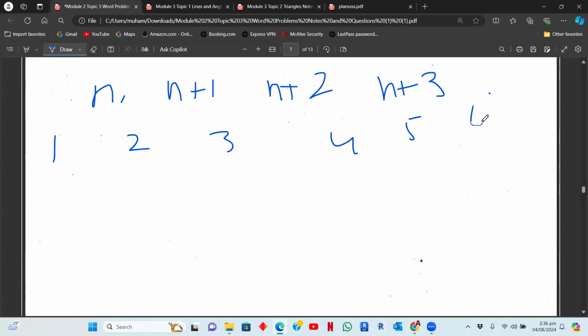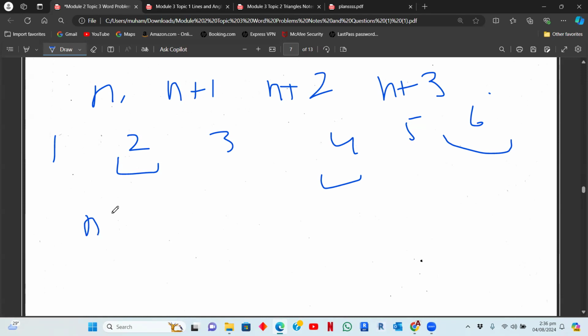n, n plus 1, n plus 2, n plus 3. This sort of representation can be used for any consecutive integer. But when you're specifically talking about even or odd integers, it's important for you to know that, I'm counting, देखते हैं 1, 2, 3, 4, 5, 6. See, 2, 4, 6, they arrive after every one extra number, right?